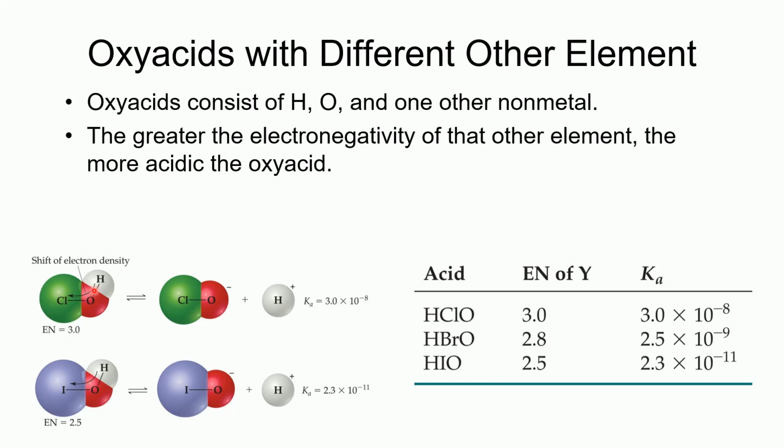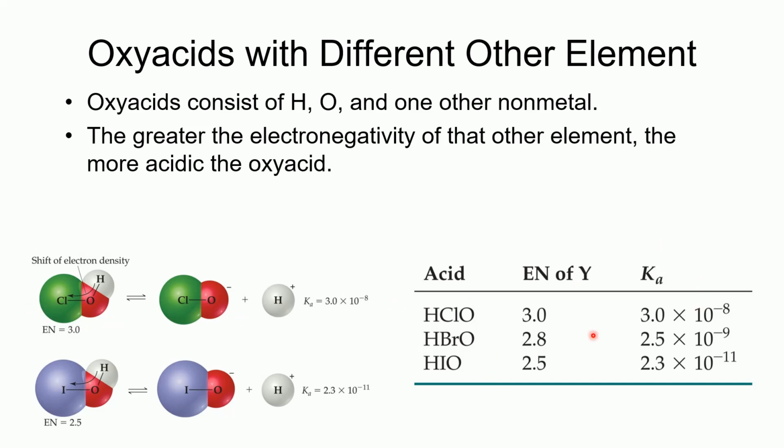Well, the more electronegative it is, the more it pulls electron density away from this hydrogen-oxygen bond, and the more acidic it makes that hydrogen. So we'll just get a slightly higher dissociation constant for that acid than we did for the one with iodine. I mean, they're both weak acids, but the chlorine definitely has a significant effect.